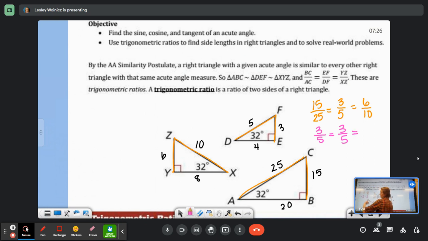And you can see that if I reduce 6 over 10 and divide the top and the bottom by 2, then I get 3/5 for that ratio as well. Because these triangles are all similar by the AA similarity postulate, all of these ratios are going to be the same.